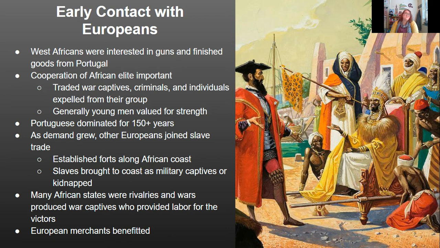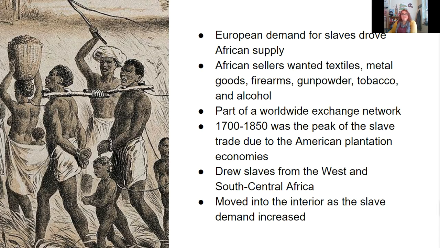And the ones who benefited the most from this were definitely the Europeans. So European demand actually drove the supply of slaves. African sellers wanted textiles and metal goods, firearms, gunpowder, tobacco, and alcohol. And it became part of a worldwide exchange network.